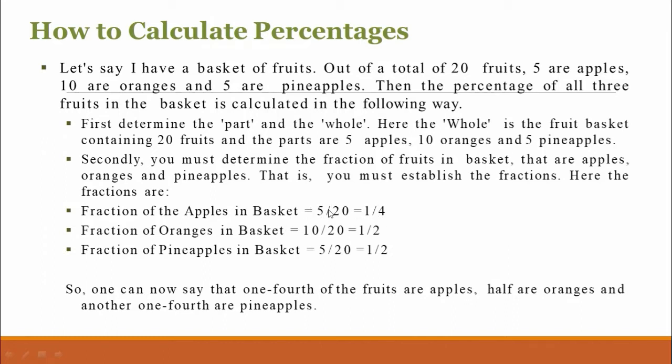And 10 by 20 for orange simplifies to 1 over 2. The fraction for pineapples is also 5 by 20, which simplifies to 1 over 4. So one can now say that 1/4 of the fruit is apple, a half are orange, and another 1/4 are pineapples.